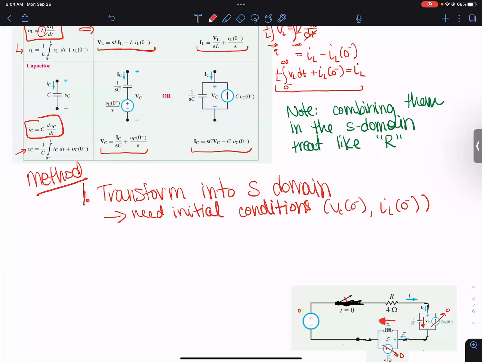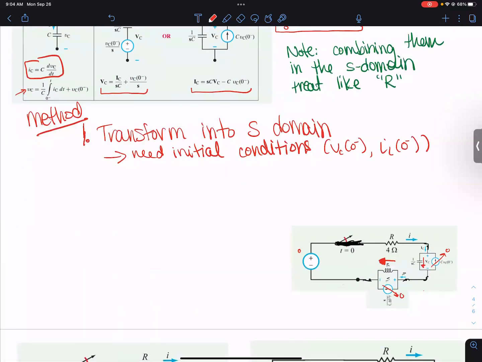So chapter 12 is the content we're going through right now. You can test your knowledge on chapter 12 and it will give you some extra problems of solving the full problem like this, or it will just ask you what the circuit looks like when you change to the S domain. So some of those are a little bit simpler too. Those would give you some extra problems to practice.